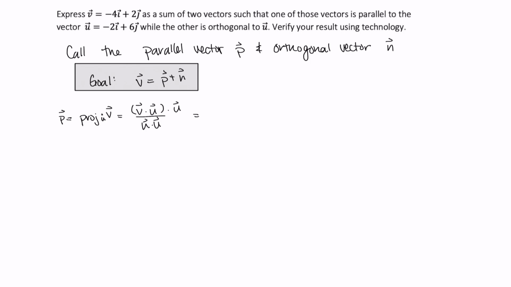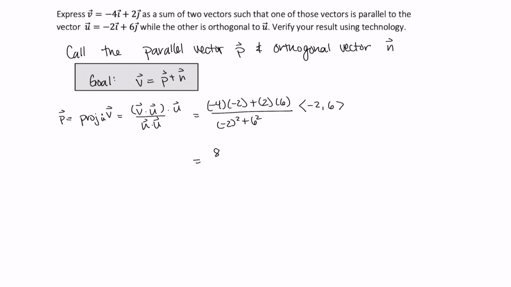This equals negative 4 times negative 2, so we're dotting V and U, plus 2 times 6, divided by U dotted with itself, so negative 2 squared plus 6 squared. And then, of course, we have vector u here again, negative 2 comma 6.